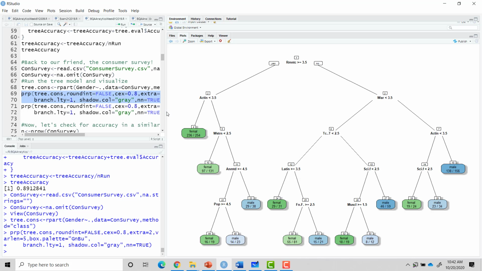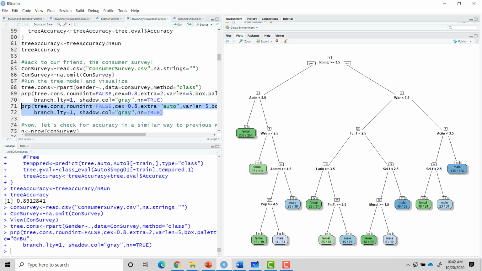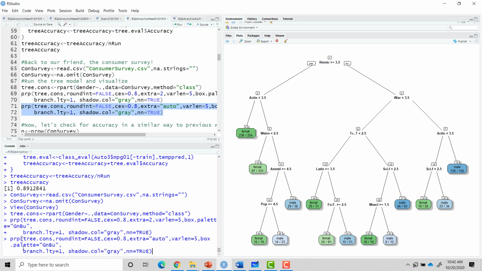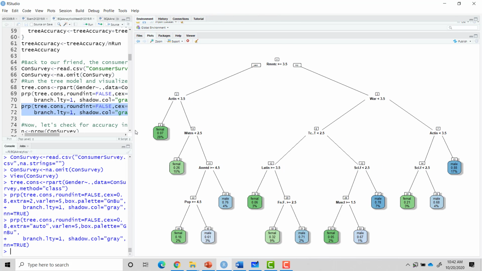Now let's just look at the proportions. Okay, again, just to make sure you're 100% sure, this probability is the probability of being male, because when it's greater than 0.5, we classify as males, and when it's less than 0.5, we classify as females.